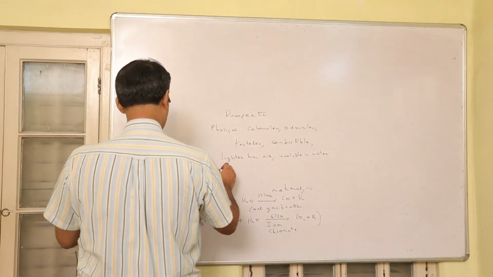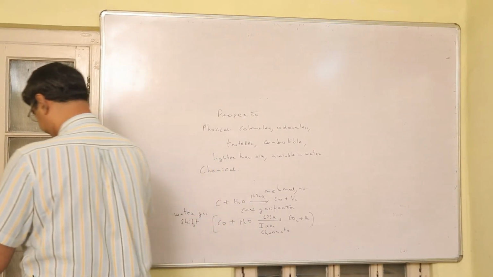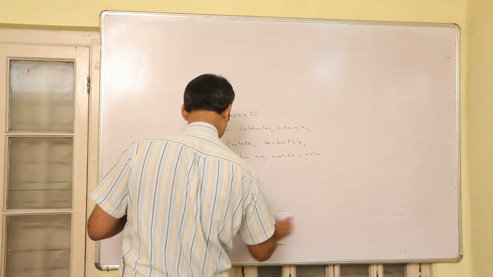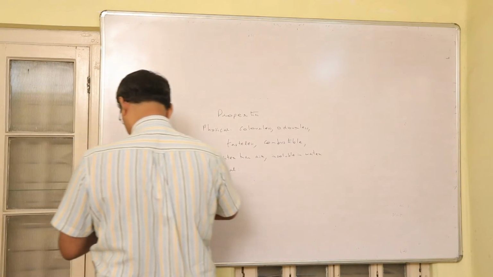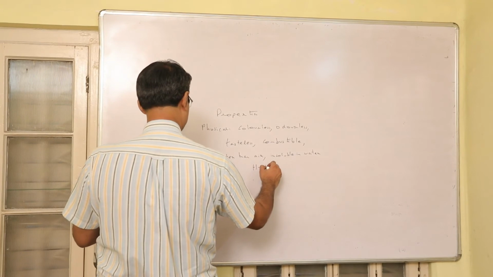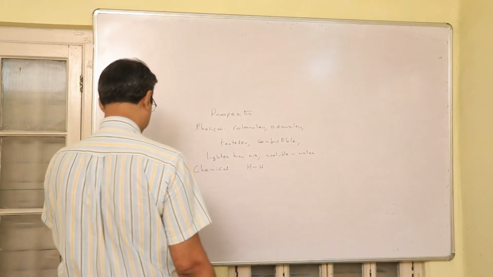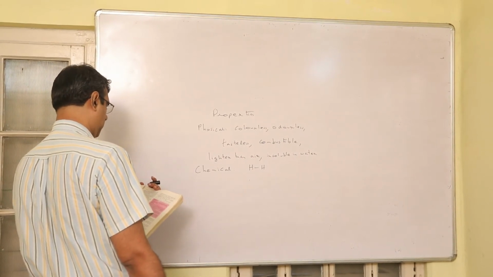Now let's come to the chemical properties. See, hydrogen is a diatomic molecule, and the H-H bond enthalpy is the highest for any element.